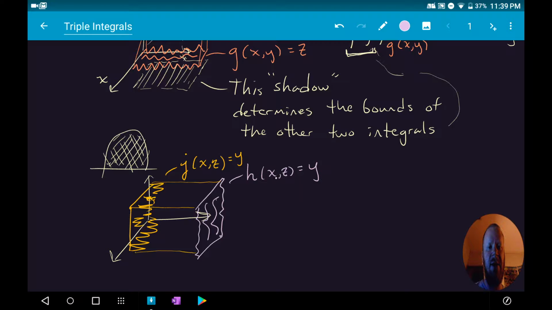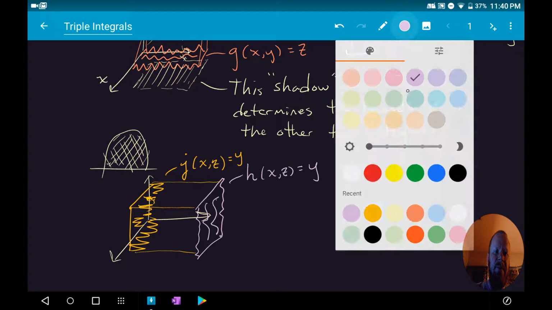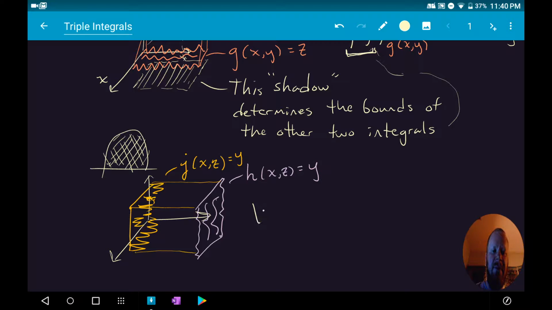You'll see, for example, that maybe y is equal to x squared plus z squared, or something like that. That will just be given to you, and you can intuitively say, well, this is a function of y. But in any event, we'll see that in the example.